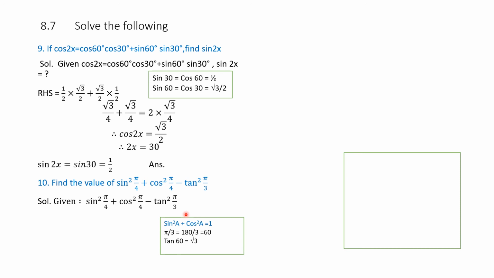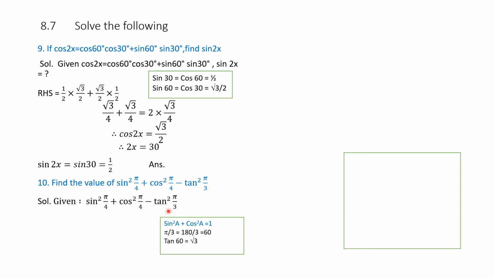We know sin squared A plus cos squared A is equal to 1, that is by using the formula. Sin squared pi by 4 plus cos squared pi by 4 is equal to 1.